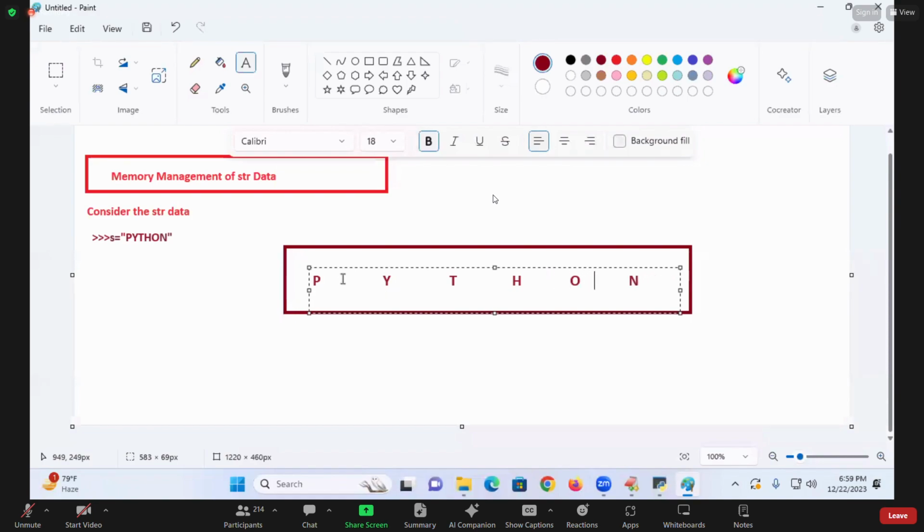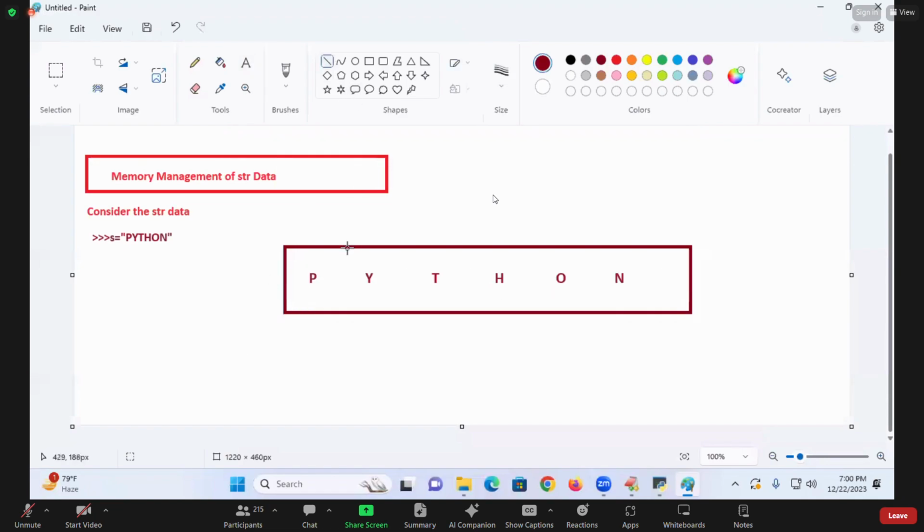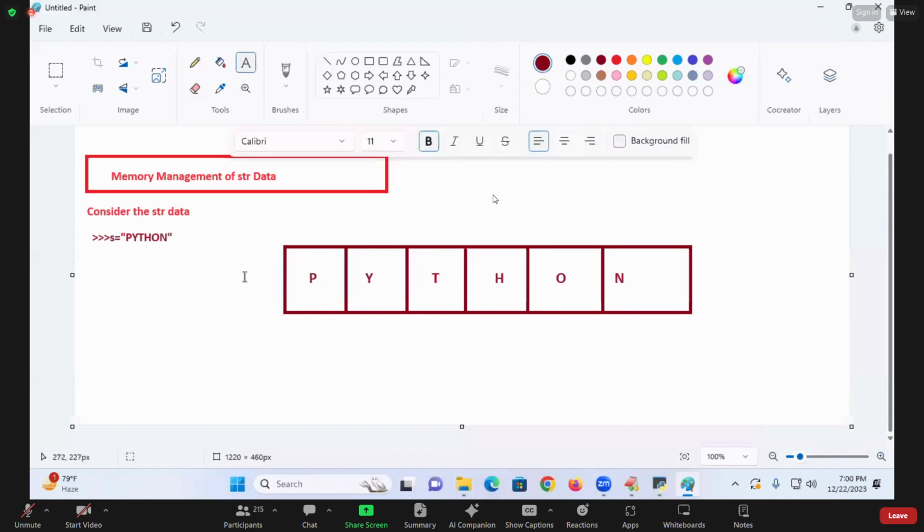Now, the concept I am explaining, 90% of the people will understand. 10% of the people will get confused. Who is in the 10% zone? I don't know. Check your point. P, next is Y, next is T, next is H, O, N. This is the data pointed to by S. S is pointing here.